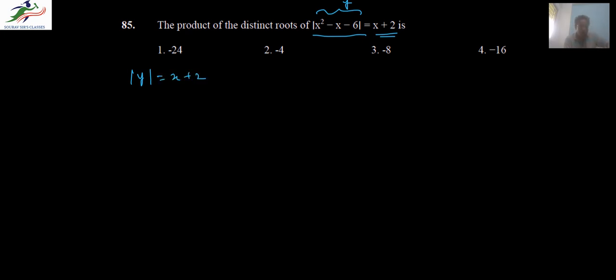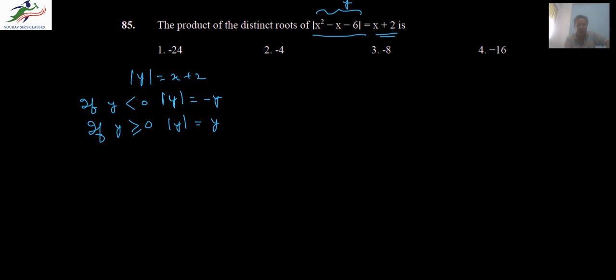Now modulus of y means if y is less than 0, then modulus of y will be equal to minus y, and if y is greater than or equal to 0, then modulus of y will be equal to y.